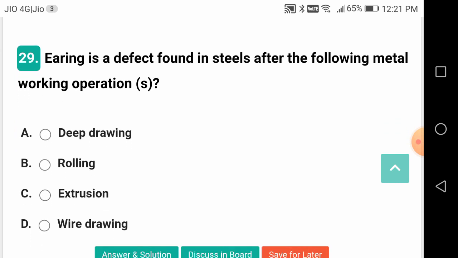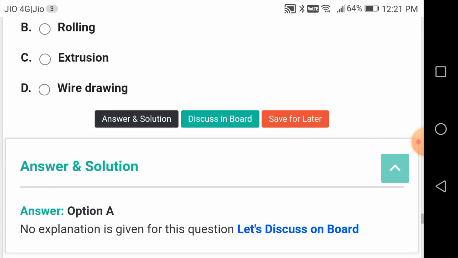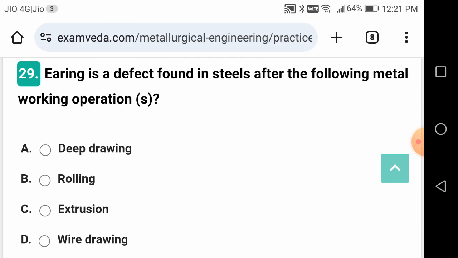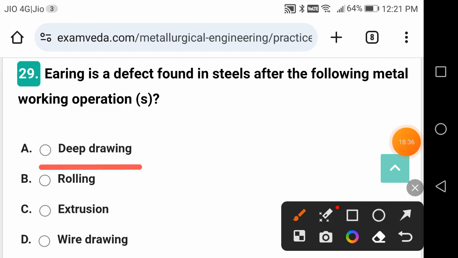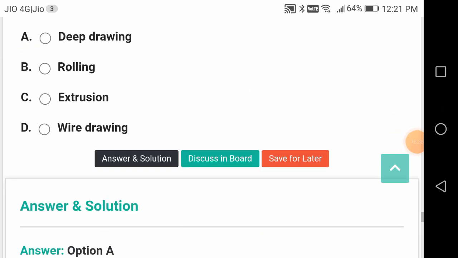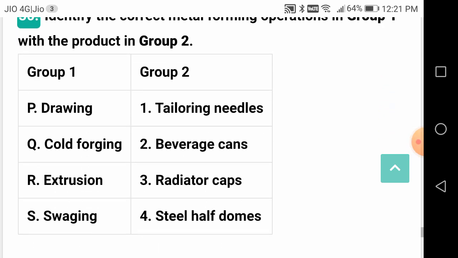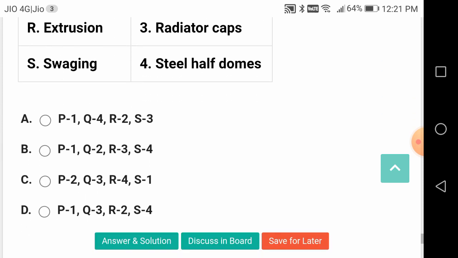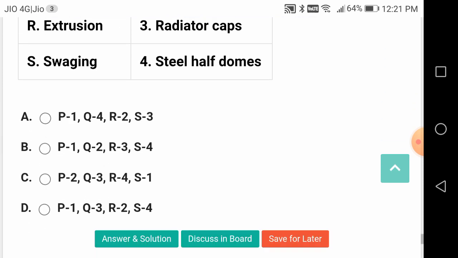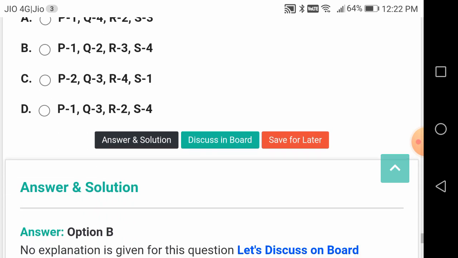Earring defect is found in steels after the following metal working operation. Deep drawing, we have seen a number of times. Deep drawing, earring defect. So here I have got production operations, then the second one, articles produced out of the process. So let us see.